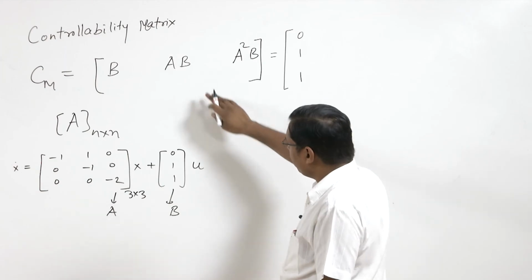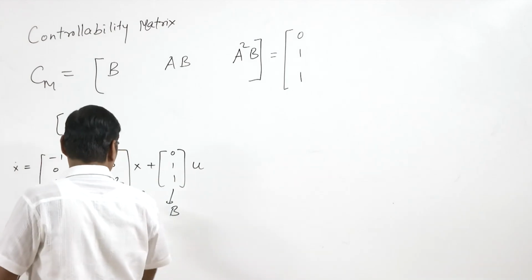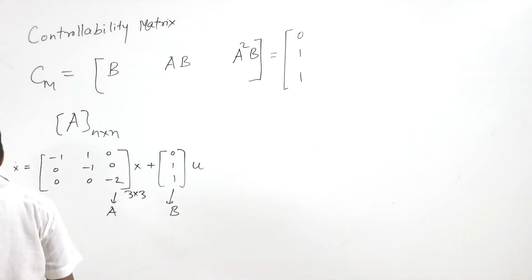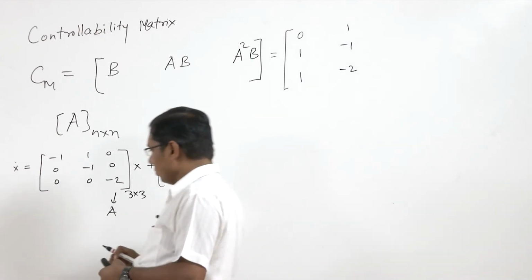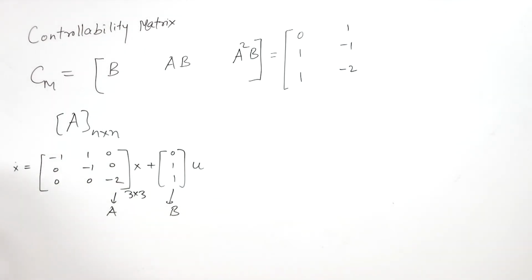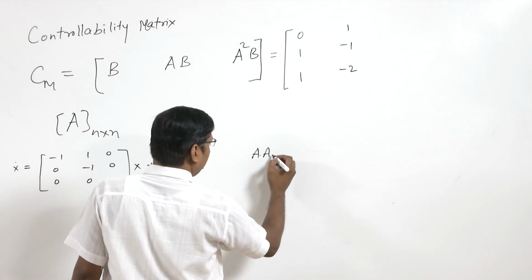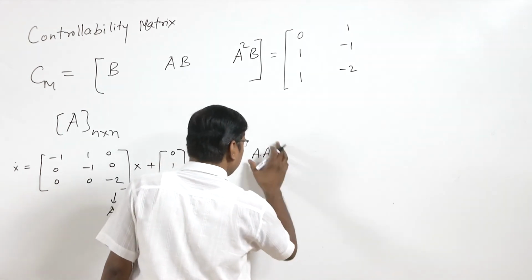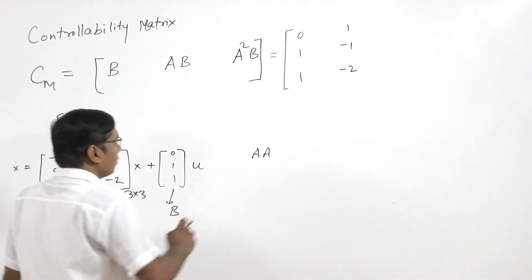Now we calculate AB. We multiply the A matrix by the B matrix, and we get [1; minus 1; minus 2]. For A squared B, we first calculate A times A, and then multiply by B, and we get [minus 2; 1; 4].